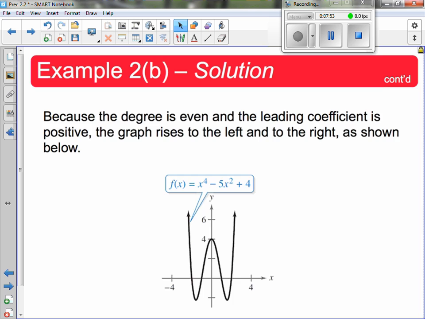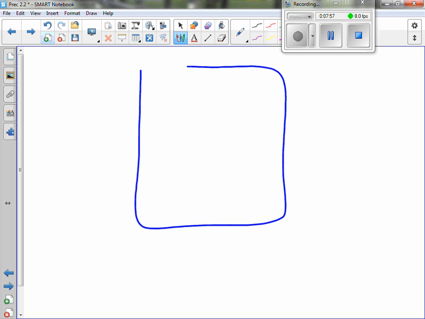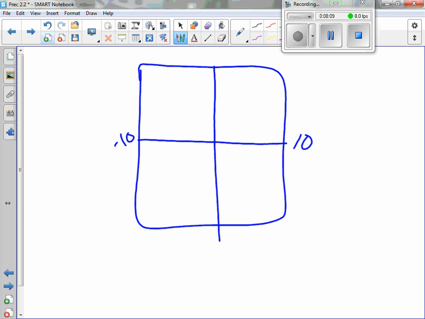So, let's say, because again, that little graphing calculator, can it show you all the x values and all the y values on the table? Well, no, because it only goes from negative 10 to 10, yes, on a standard window.